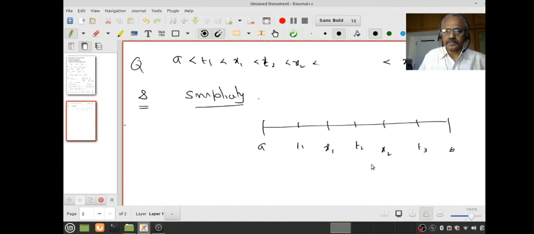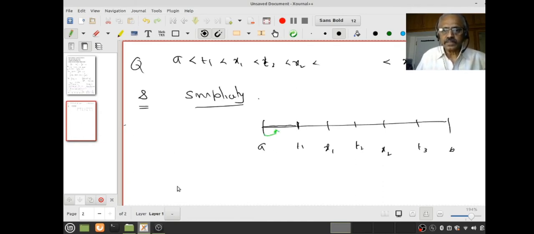What are the tags for this partition? This is the partition now: a to t1, t1 to x1, x1 to t2 and so on. How many subintervals are there? 6: 1, 2, 3, 4, 5, 6. Similarly, you can do this more generally. Now for a to t1, I want a tag. Let me use a different color. The tag is going to be this.